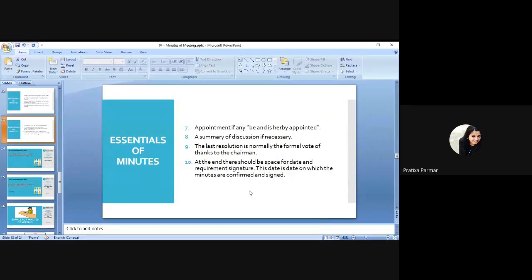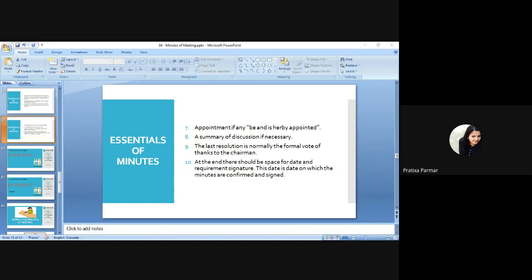You should always thank the person who has organized the meeting at the end of the meeting. And at the end, there should be space for date and signature, because the date is the date on which the minutes are confirmed and signed.